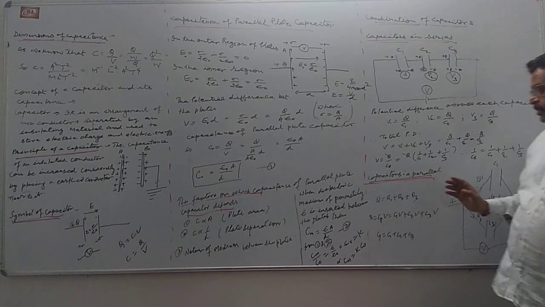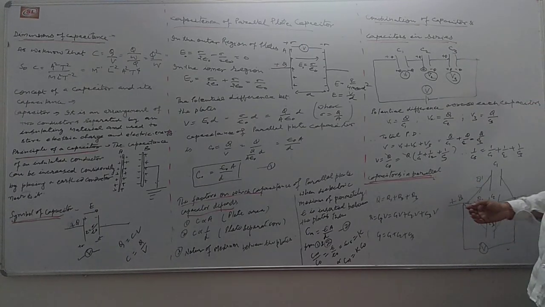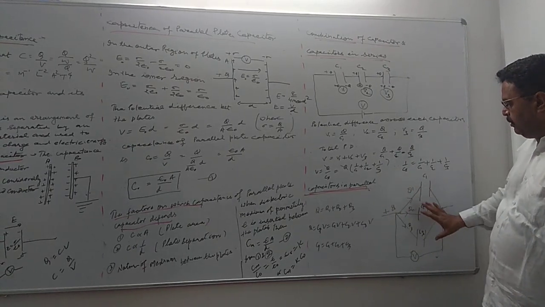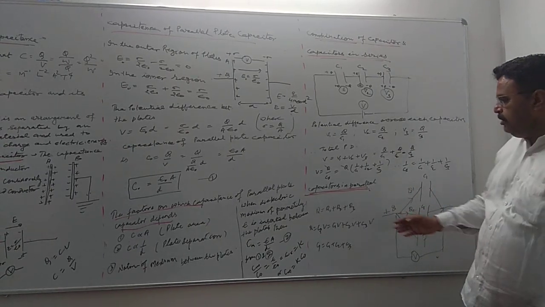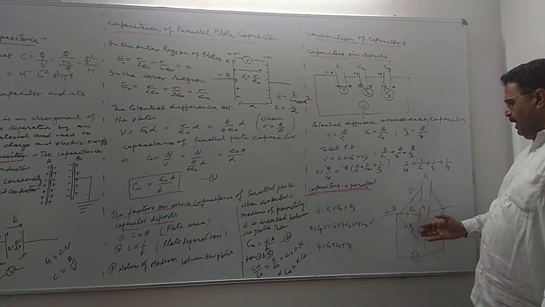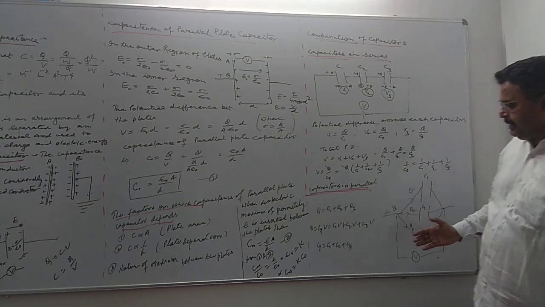The next one is capacitors in parallel. In the parallel combination, these three capacitors C1, C2 and C3 are combined between the two terminals in such a way that their plates are common between these two ends. So the total charge given to this combination is divided into three parts among the individual capacitors.